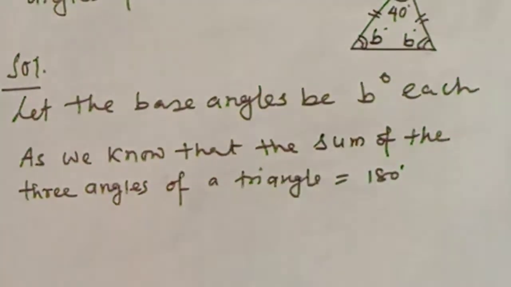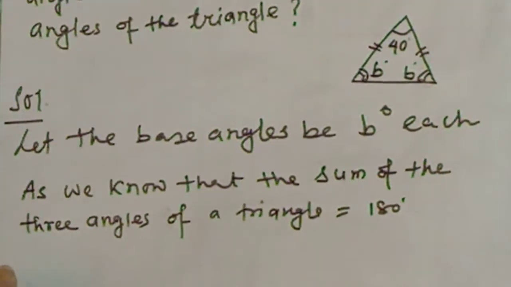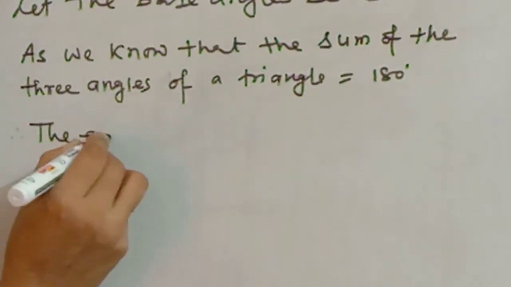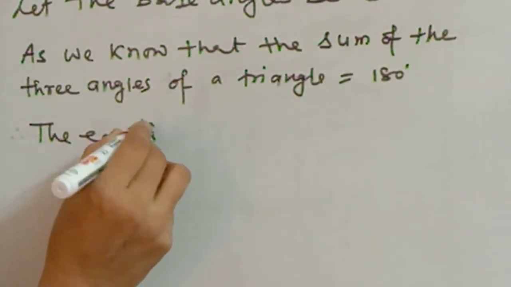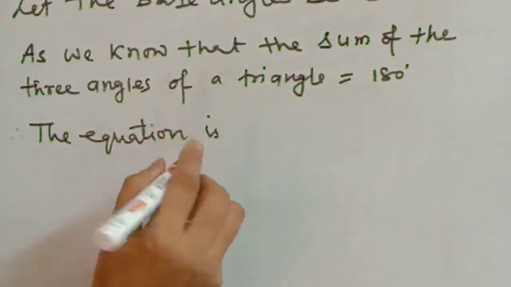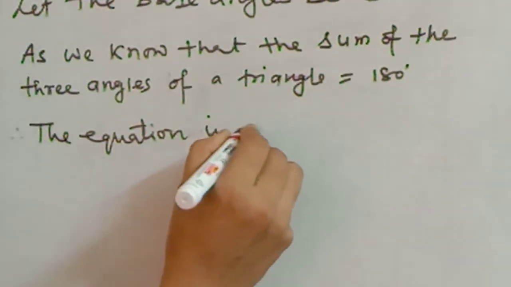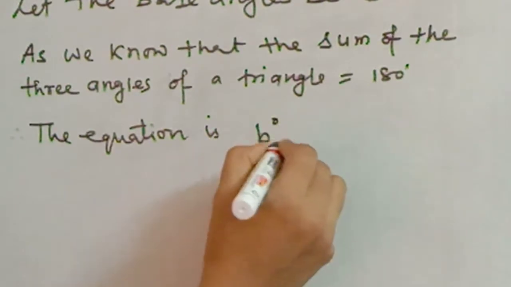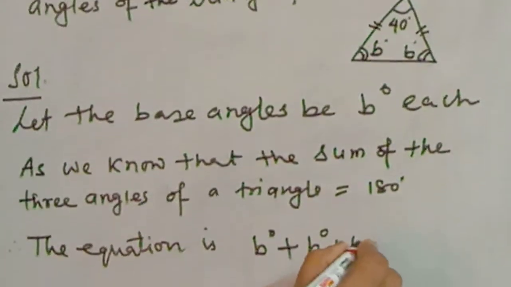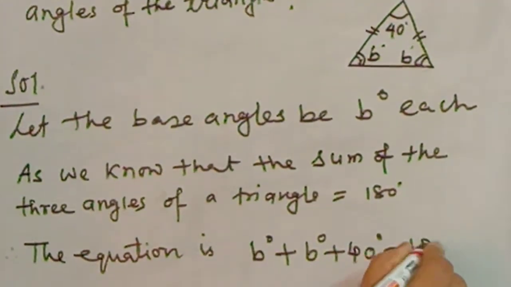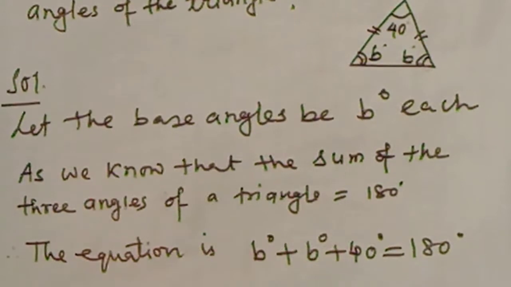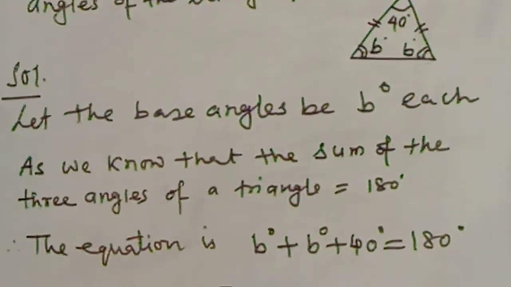So we will use this concept here. Therefore, the equation is B degree, both base angles, plus 40 degree is equal to 180 degree. You have to solve this equation to find the value of B.